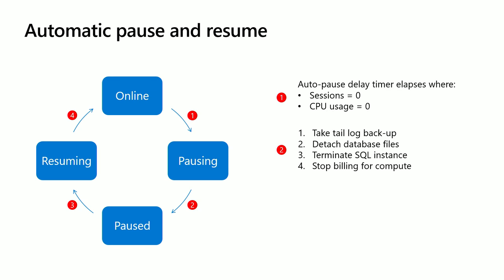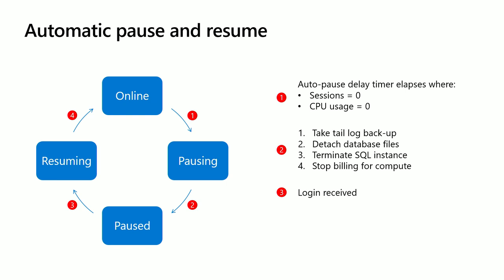The database then moves into a paused state, where it shows as paused and you're only billed for storage at that point. And how do you wake up? Wake up is also automatic. When you receive a login request, the metadata for that instance is also persisted along with the database.